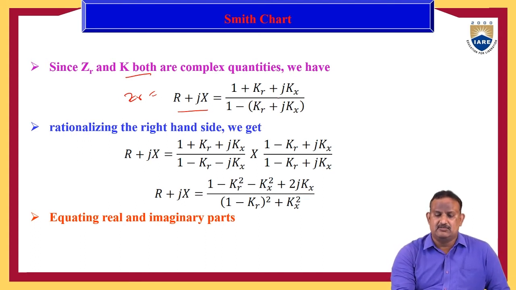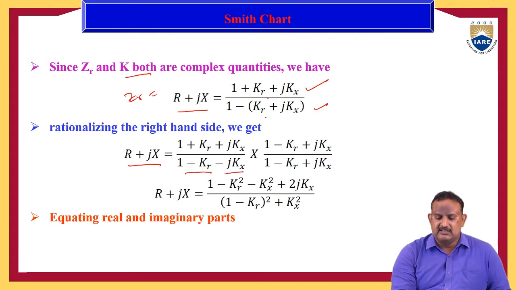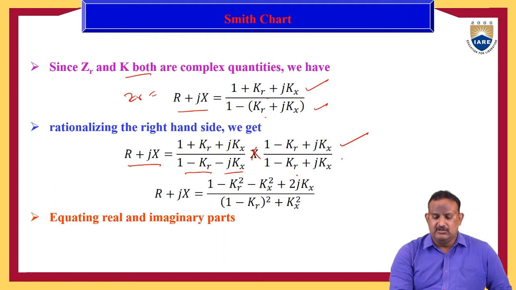Then R plus jX equals (1 plus Kr plus jKx) by (1 minus Kr minus jKx). If you rationalize the equation, multiplying by (1 minus Kr plus jKx) by (1 minus Kr plus jKx), then it is like (A minus B) whole square plus (A plus B) whole square.